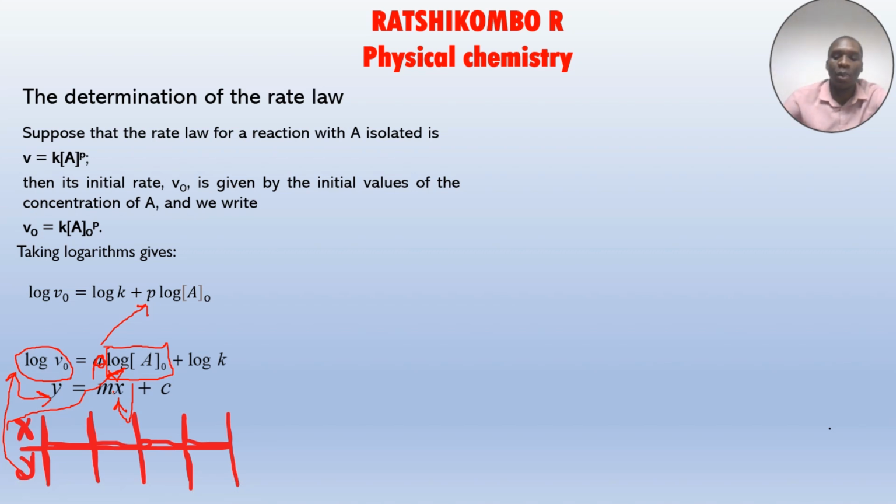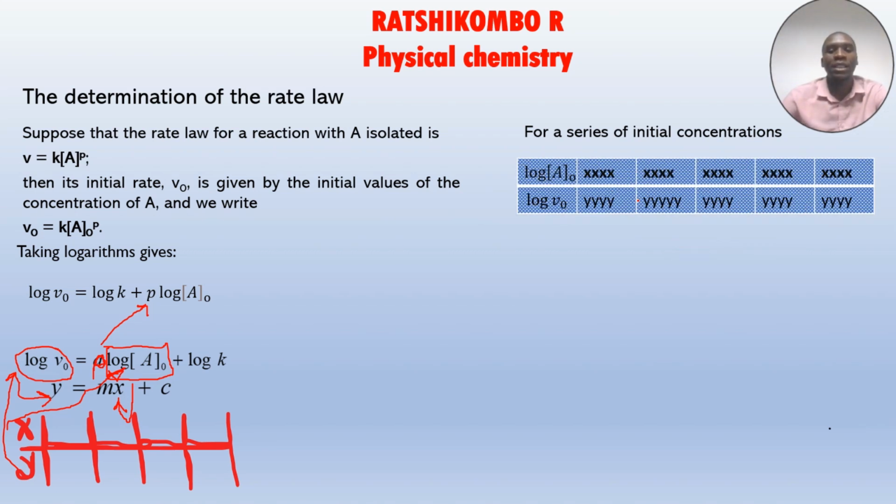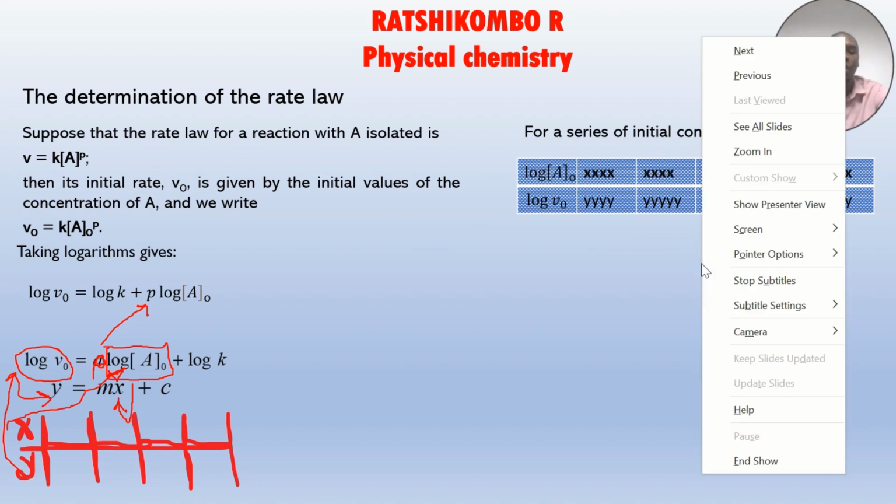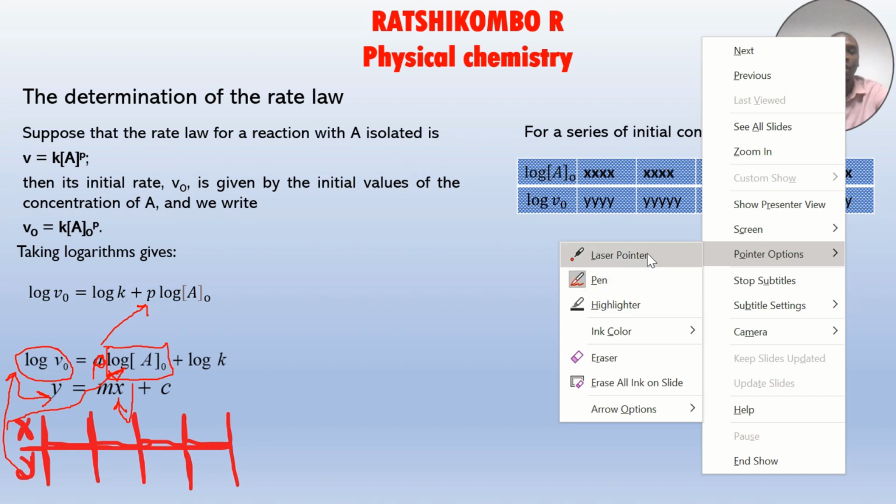So for a series of initial concentrations, together with the initial rates, you can substitute and introduce the logs as in this table here. Let me get my pointer again to show what I'm talking about.